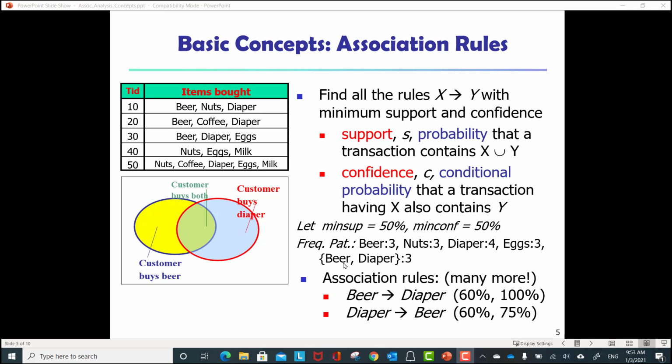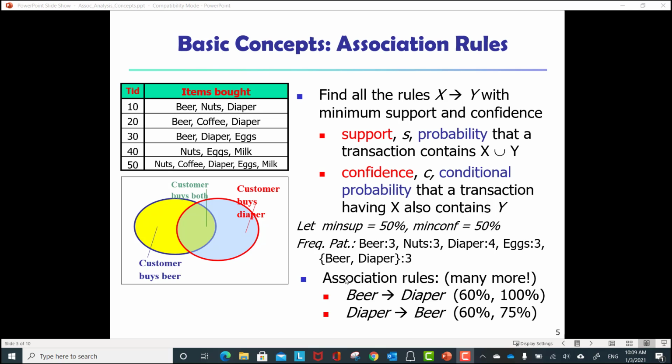When you have a frequent item set of beer and diaper, you can say people buy beer, then buy diaper. Or the other way around, people buy diaper, and then they buy beer. So there are 2 rules possible: beer implies diaper, or diaper implies beer.